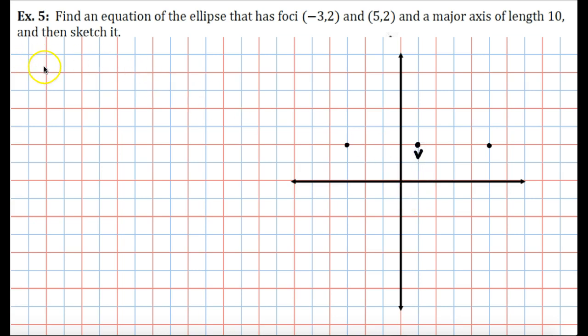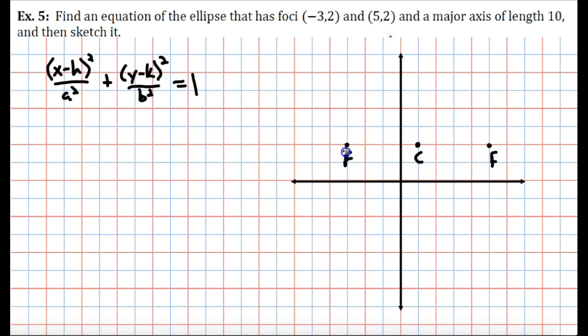Okay, so if we're thinking in terms of this equation, okay, one of the big pieces of information that I need is, I called it the vertex, didn't I? Sorry, that's not the vertex, that is the center. Right, so we've got the center and the foci.